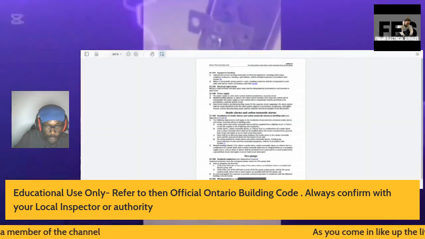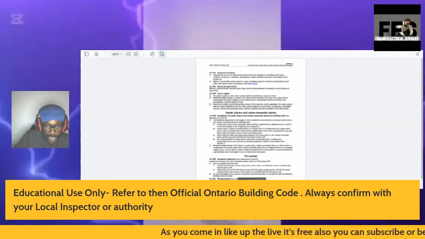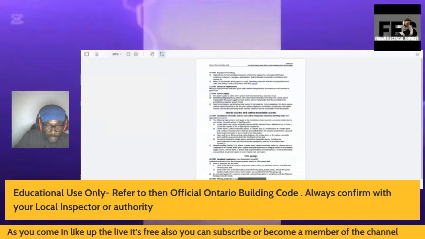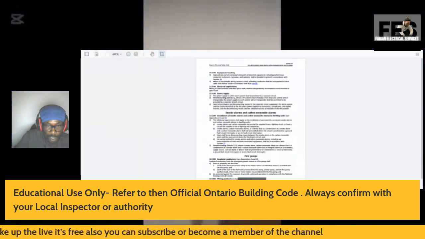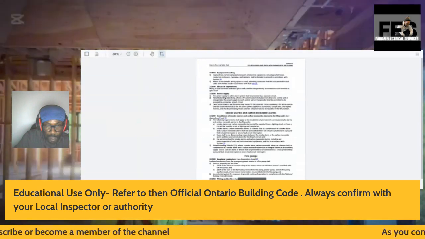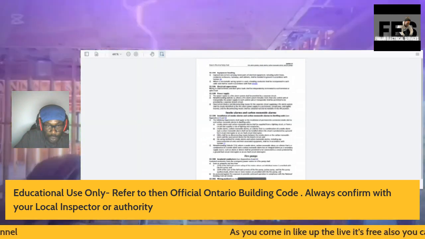So this rule here says smoke alarms, carbon monoxide alarms, or a device that is a combination of a smoke alarm and a carbon monoxide alarm shall not be in. So these are two different rules here.